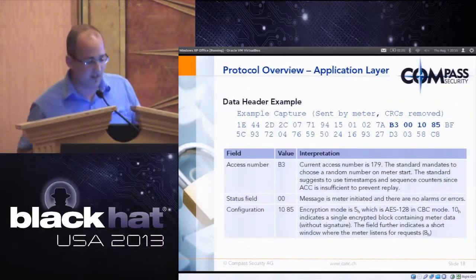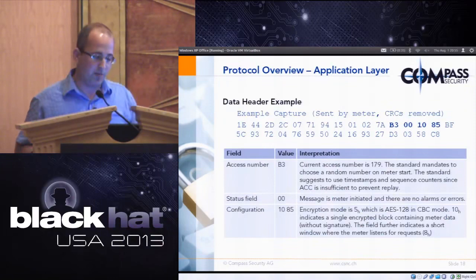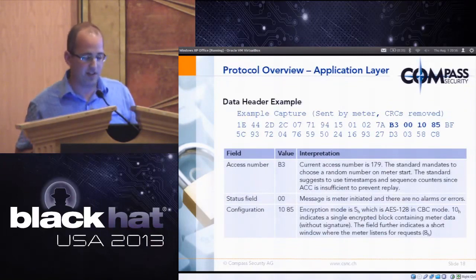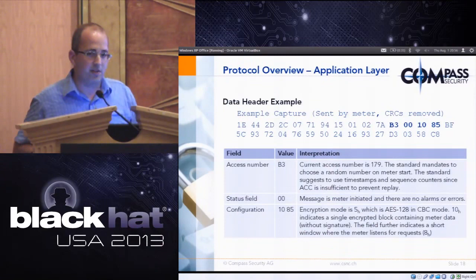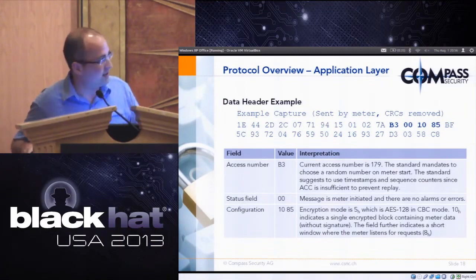If we look at that data header, I told you 1 byte is the access number. Then we have a status field which could also indicate alerts. So if you trigger some fraud detection mechanisms in the meter, they will signal it with the alert and error byte, and you can then go and query more detailed information from the meter. Then we have the configuration field. That configuration field actually signals encryption.